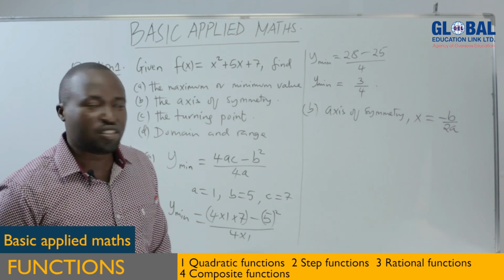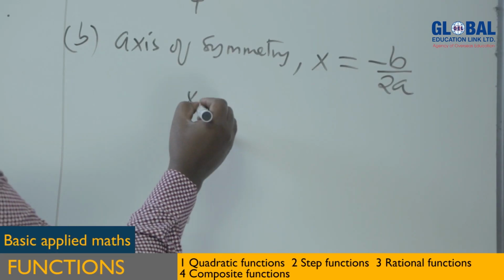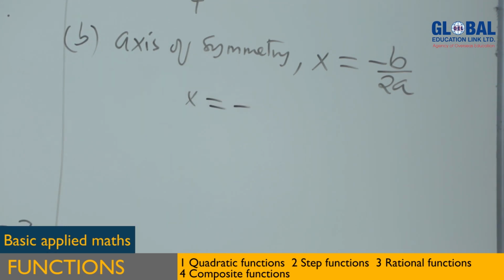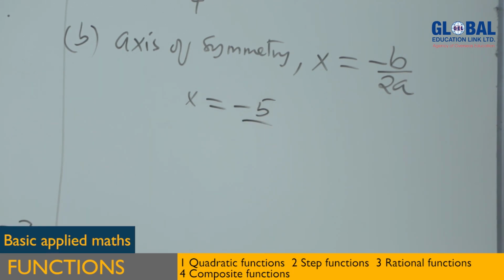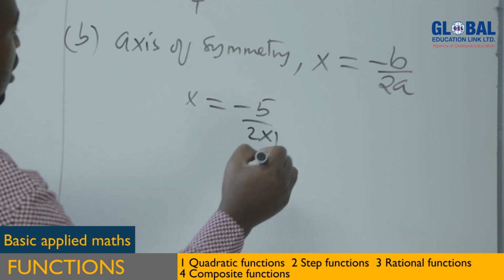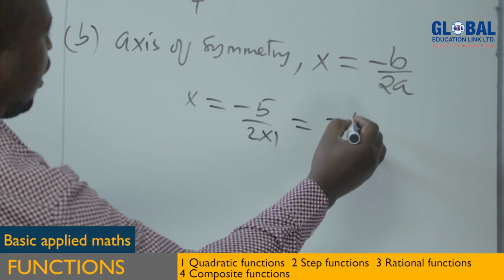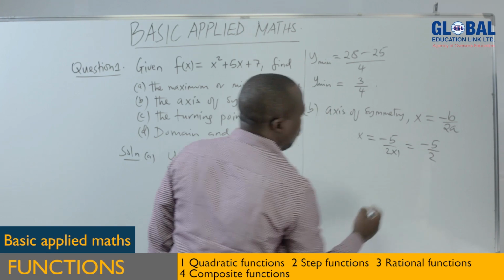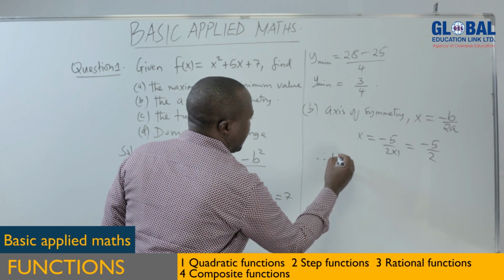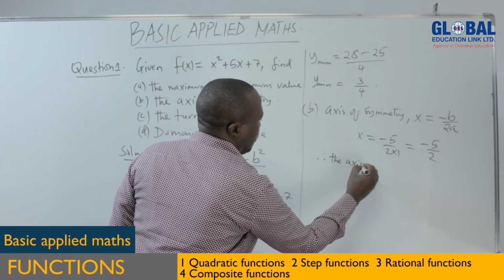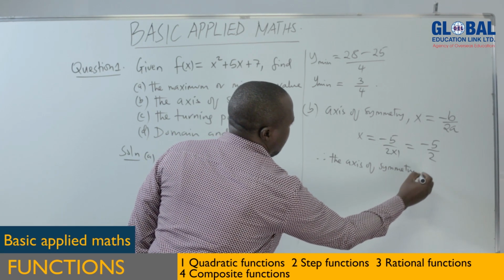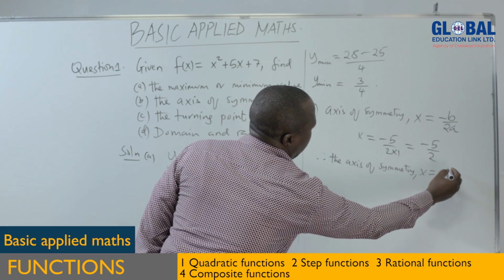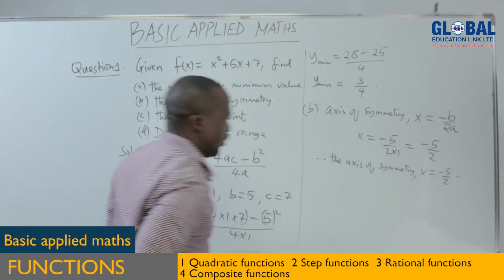So we just substitute directly by saying x c is equal to negative b, b is 5, over 2 times a, so it is 2 times 1, which is equal to negative 5 over 2. Therefore, the axis of symmetry x c is equal to negative 5 over 2.